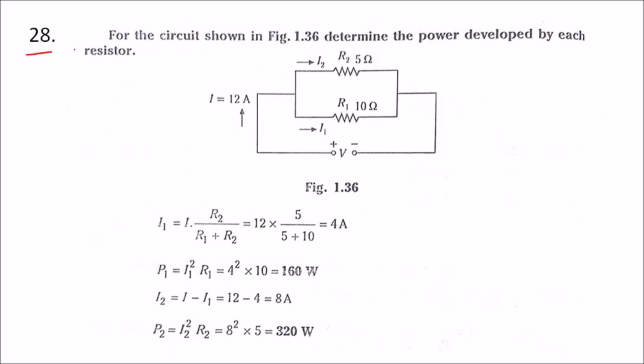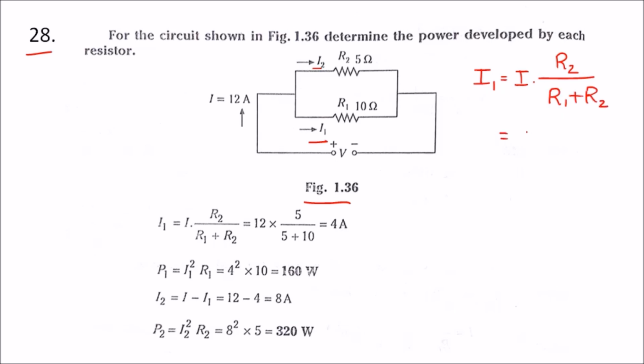Problem number 28. For the circuit shown in figure 1.36, determine the power developed by each resistor. First, to find the power developed by each resistor, we have to find I1 and I2. For that we have a formula: I1 is equal to I into R2 whole divided by R1 plus R2.